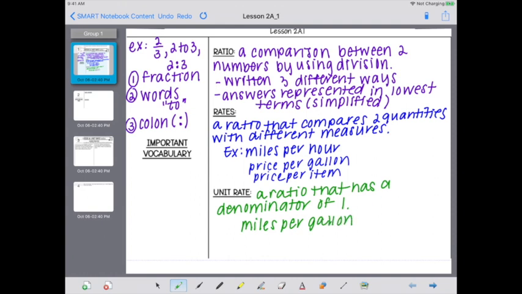How many miles can you travel on 1 gallon? Or cost per item. How much does it cost for 1 item, 1 t-shirt? How much is it for 1 apple? So these vocabulary words are very important for this unit.